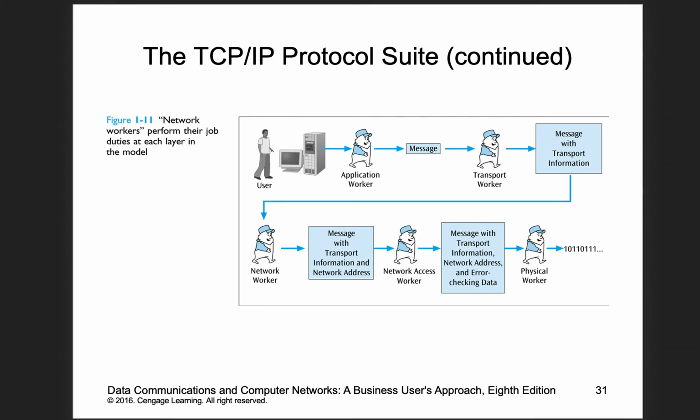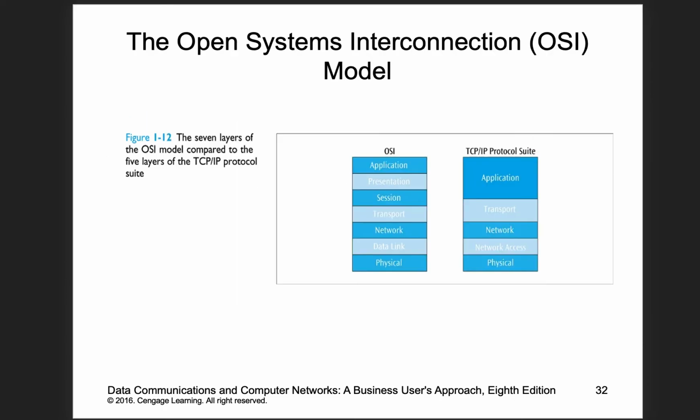On the next slide we'll take a look at the comparison between OSI and TCP/IP. Here you can see that on the OSI model, the application, presentation, and session layers are combined to form the application layer in the TCP/IP.